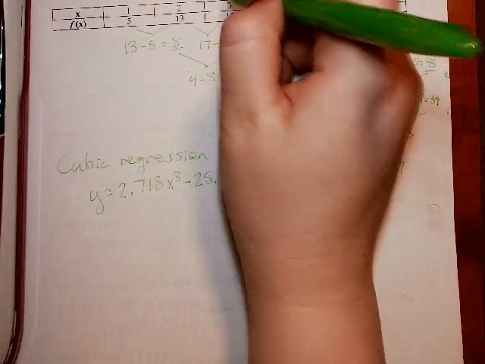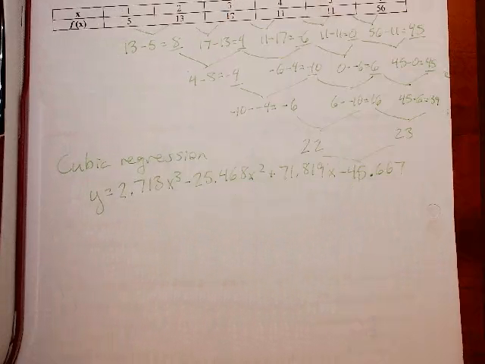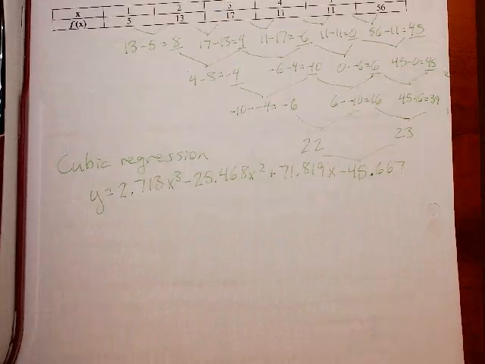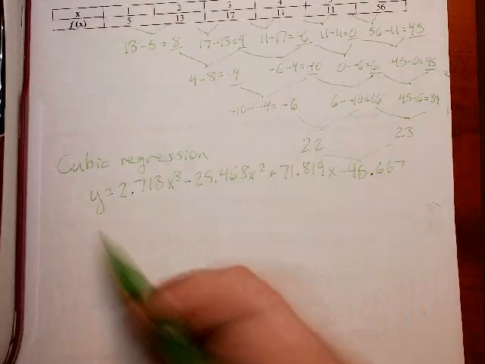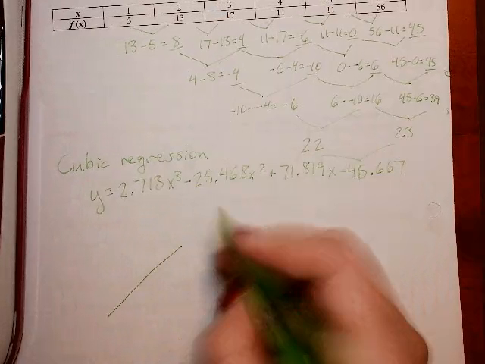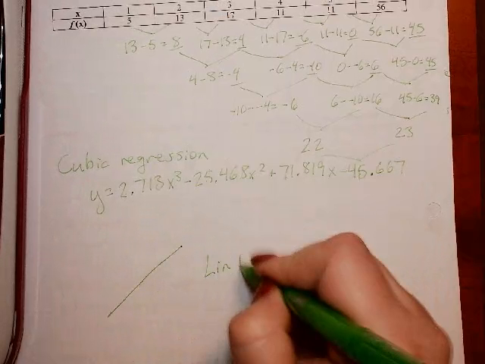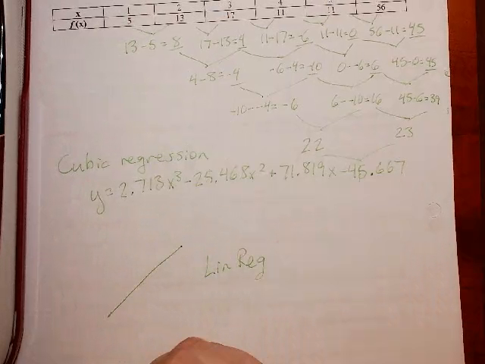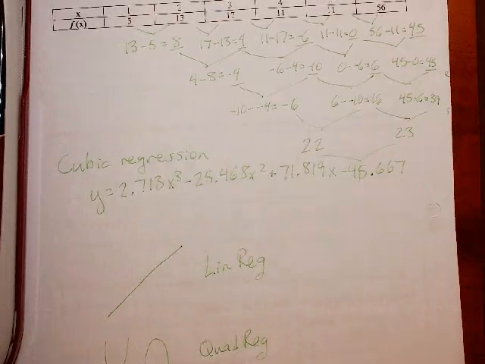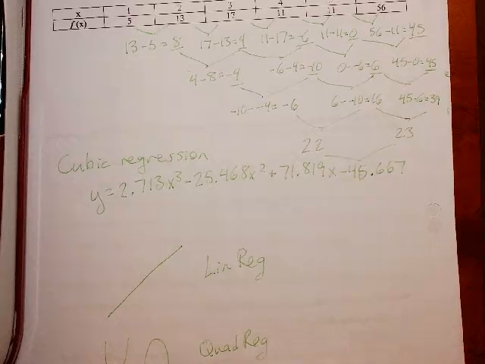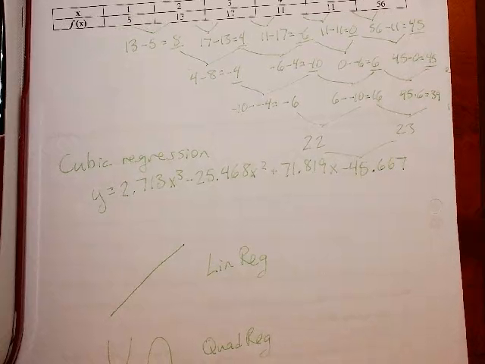So to decide which one we use, if it looks like a line, we use linear regression. If it looks like a U or a mountain, we use quadratic. If it looks like a hill with a landing in it, then that's cubic.